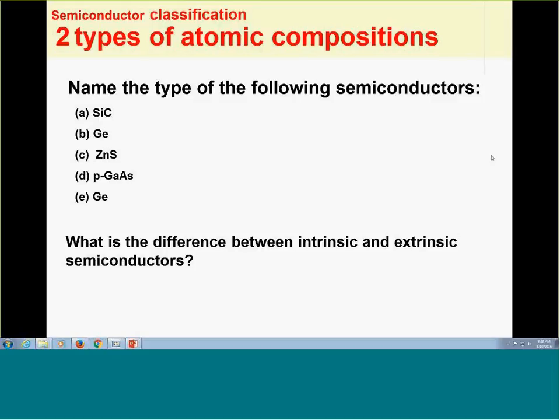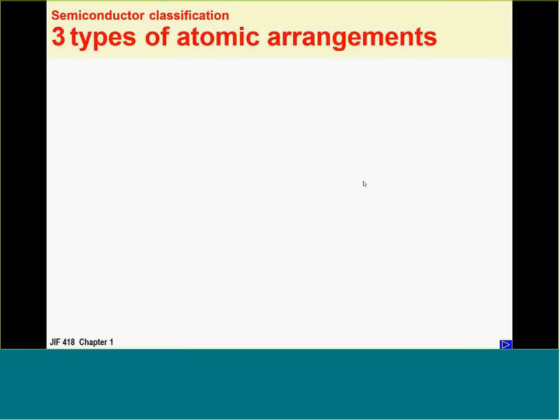So that is about the classification based on element and also on purity, the atomic composition. So next we are going to go about the atomic arrangement. So actually there are three types of atomic arrangement.